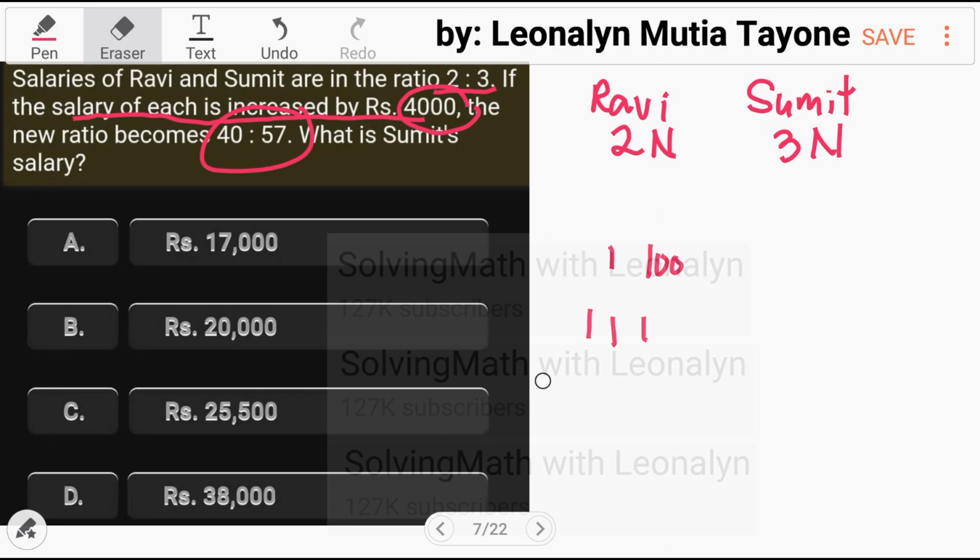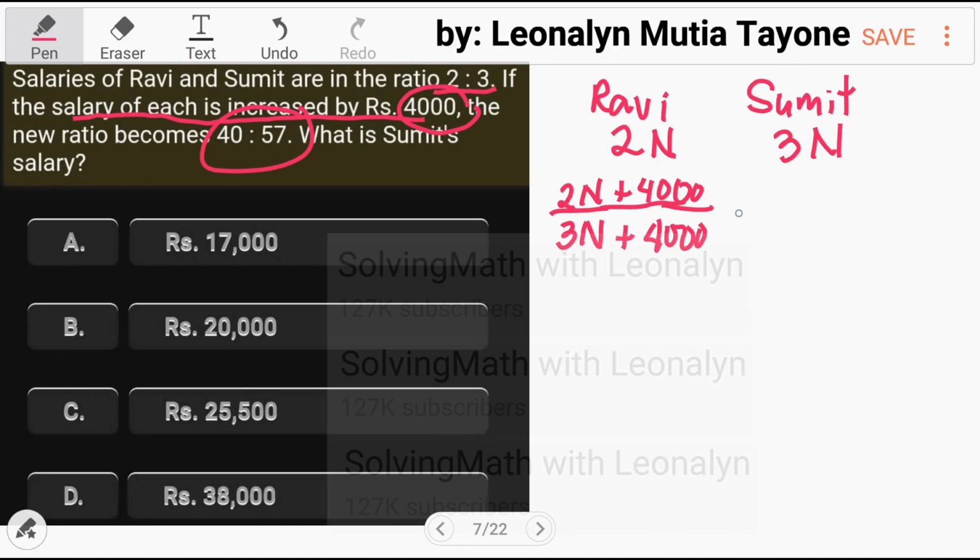I-rewrite lang natin para may space tayo. Again, 2n over 3n. Pareho nating adan ng 4,000. Kung adan daw ng 4,000 yung salary nila, ang ratio ay magiging 40 over 57. Now, mag-cross multiply tayo.